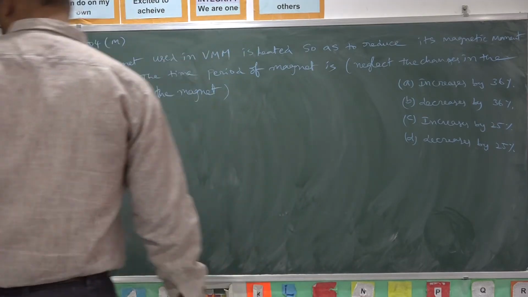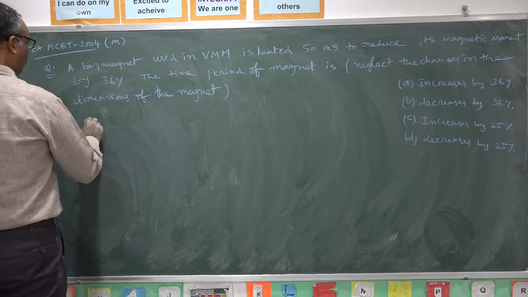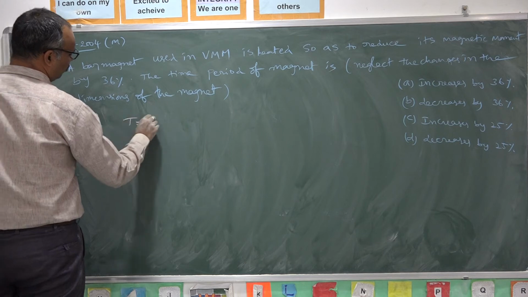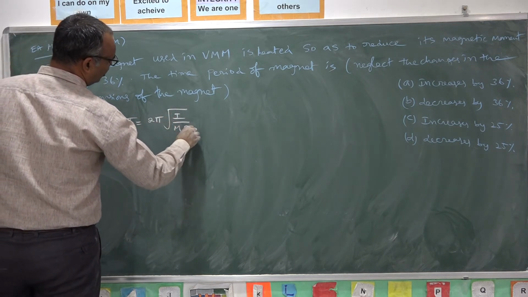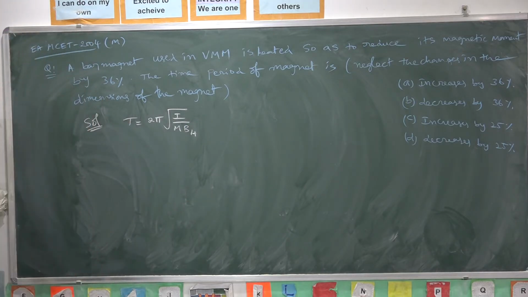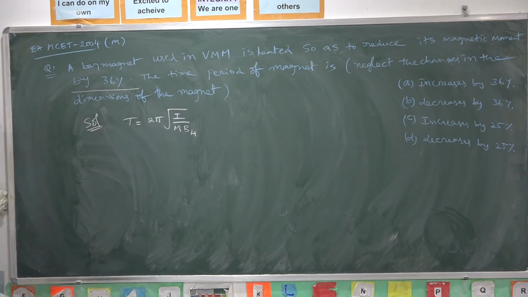Anyway, a magnet is under oscillatory motion. So the time period of oscillation is known to you, 2 pi root I by MBH. This is the formula you should use here. So the magnet is heated to reduce the magnetic moment by 36%.